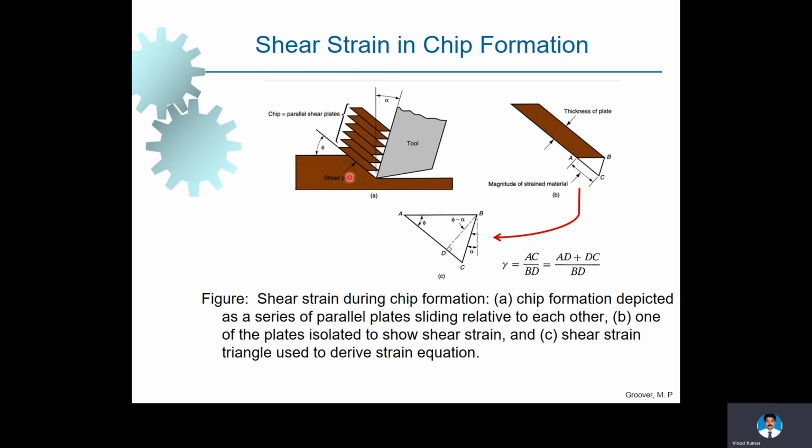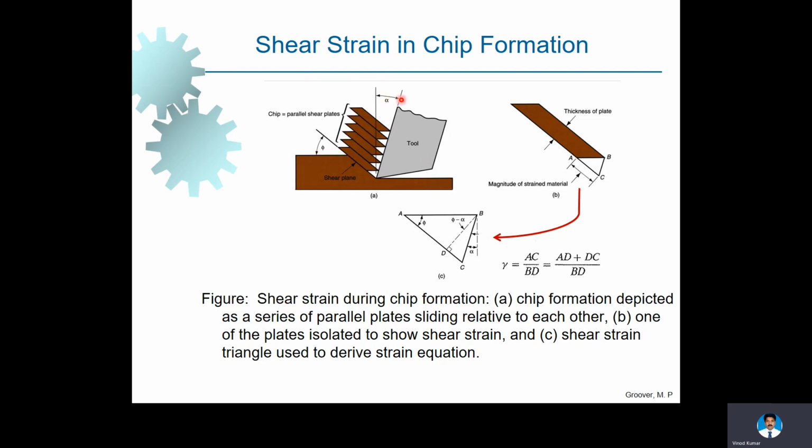Now you can see another expression for shear strain. As I explained before, shear strain can be expressed using this triangle. When we use a positive rake angle tool, the material will be cut across the shear plane, and the angle of the shear plane is phi.